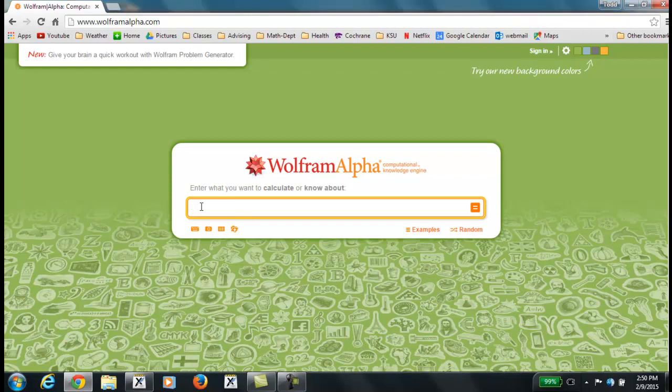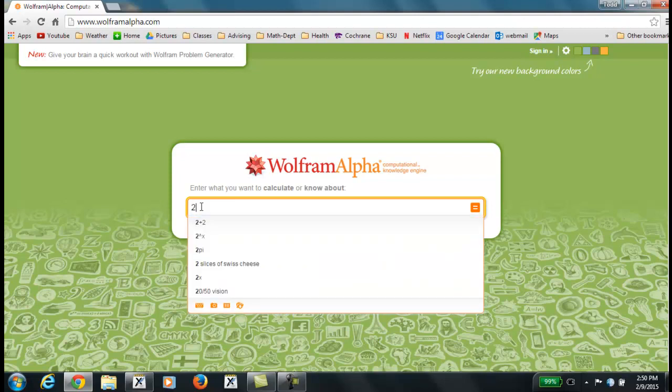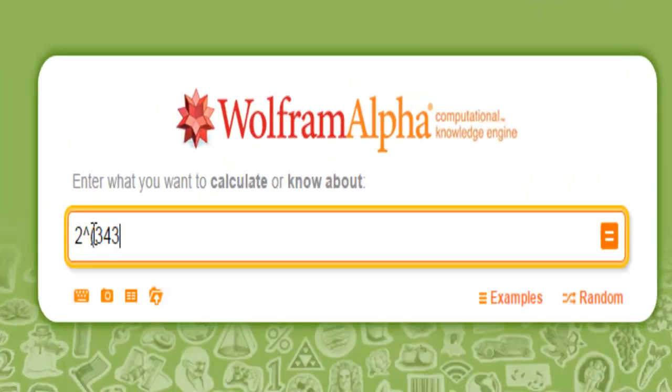So if I want to calculate 2 to the 343,413 power, I go 2 raised to the 343,413, and I was doing that mod 1373653, and you don't have to worry a whole lot about syntax here.